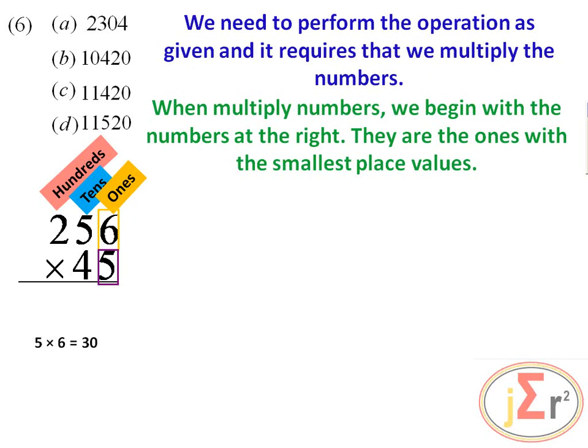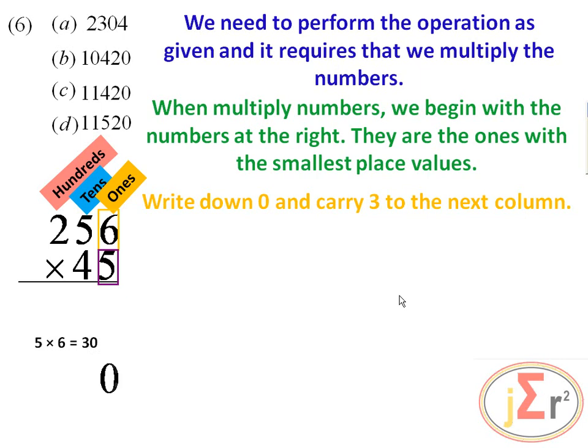So the first one that we have there is 5 6s 30. And as usual, you imagine that we will write down 0 and carry 3 to the next column, because the 0 will be the present digit, will go right there, and the 3 will be the digit of greater significance. So it will be carried to the column of greater significance.